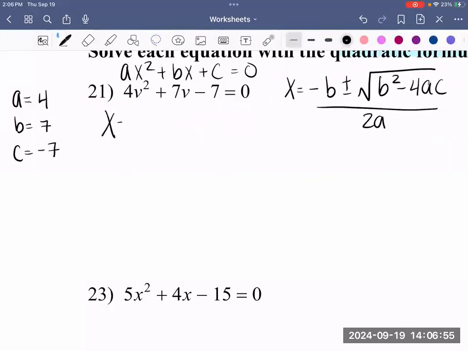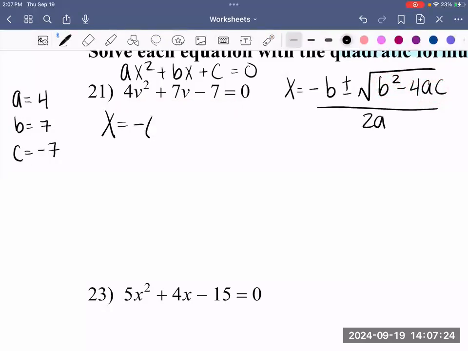So we have x is equal to, actually, before we get started too, we always still want to look for a GCF between our numerical values and even our variables, which unfortunately in this case, nothing does come out. The reason for checking your GCF is that because we're going to start to multiply here, some of our numbers might get very, very big. And if we have a chance to reduce those values, we're better off doing it with the GCF.